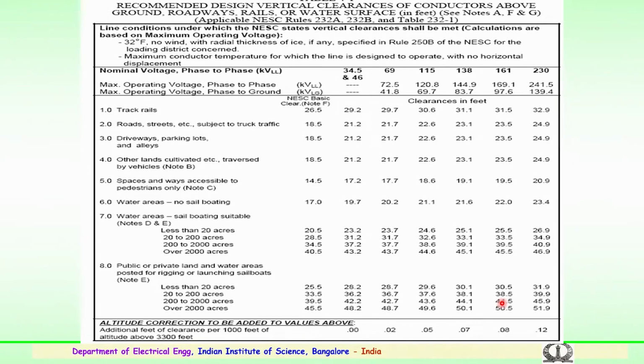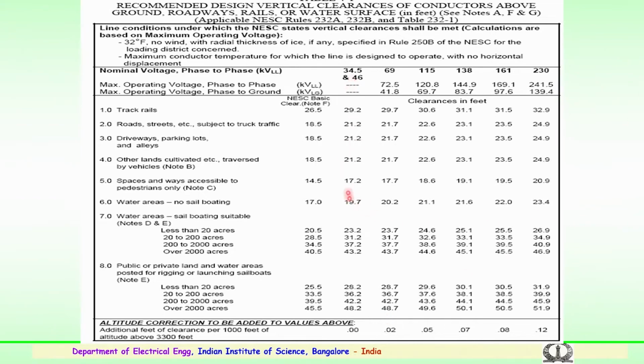In such cases, the international rules very clearly specify for various voltage levels the clearances to be adopted in case of railway tracks, roads, driveways, parking lots, agriculture activity where the land is being cultivated, spaces for pedestrians and water bodies, and also public or private land where activity like sailboats and so on is being employed.